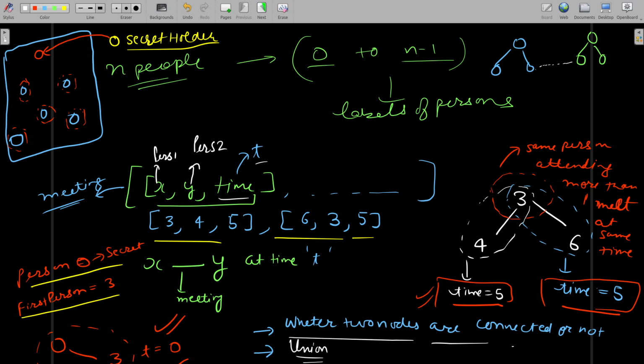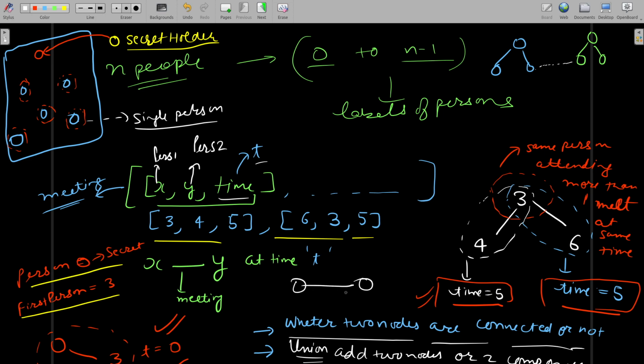Okay, so it will add two nodes or two components. By node I mean that a node is representing a single person. And two nodes will be connected when, let's say, two persons are having a meeting, or one of them is telling a secret to another one.